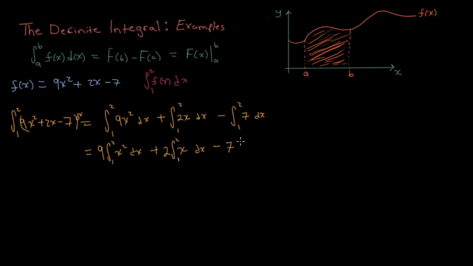So that would be 7 from 1 to 2, and that just leaves a 1 here, dx. And from this point on, we can go ahead and solve our integral.